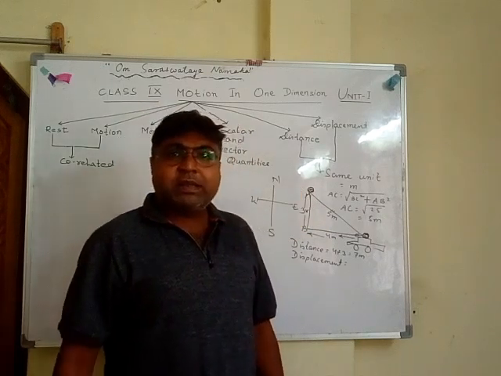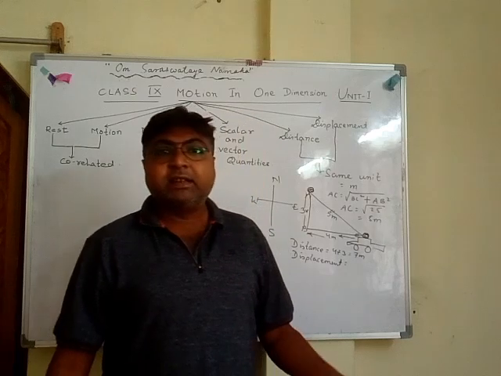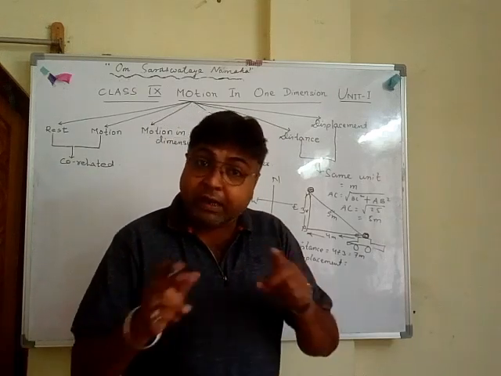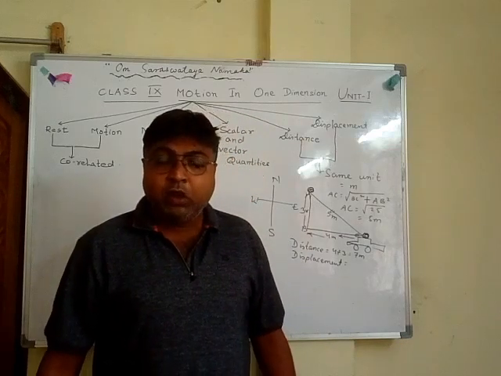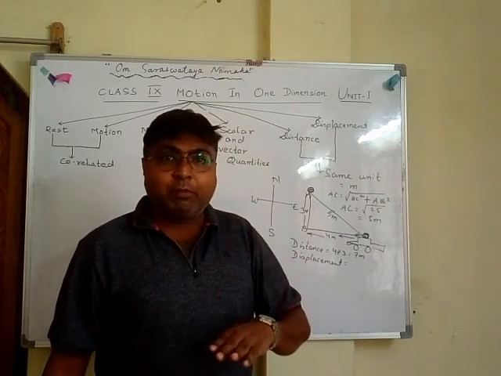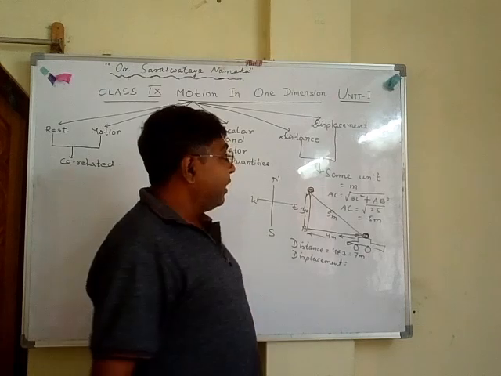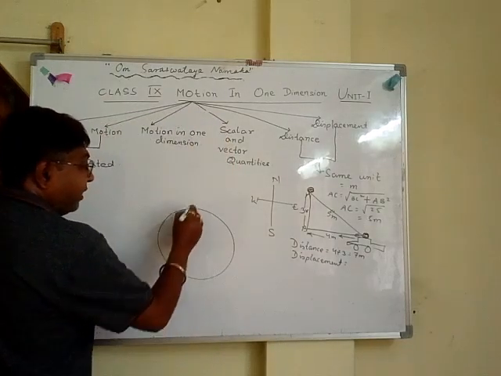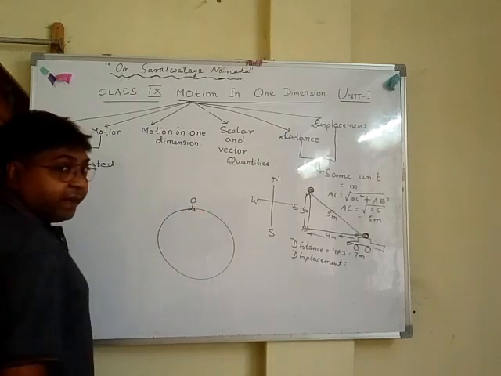Sometimes also a question comes, can displacement be zero? Yes, displacement can be zero. Distance can never be zero, but displacement can be zero. When the initial and the final point are same, for example, an athlete started running in a circular track.